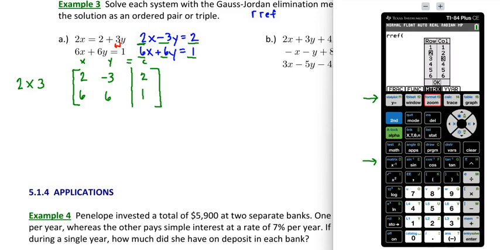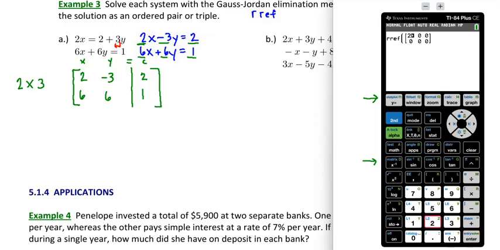The first thing I want to tell my calculator is how big I want this matrix. So I'm going to use my arrow keys to highlight 2 rows and 3 columns and press enter to make those changes. Once you have your rows and columns set, you can highlight OK and then press enter, and it's going to adjust to an appropriately sized matrix.